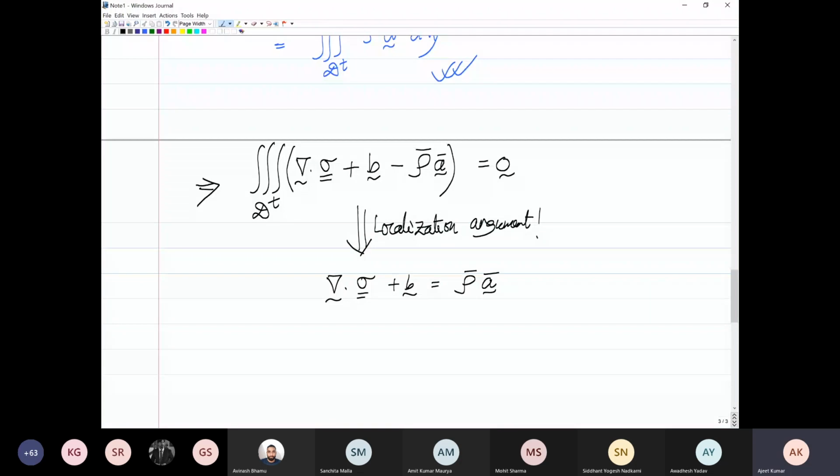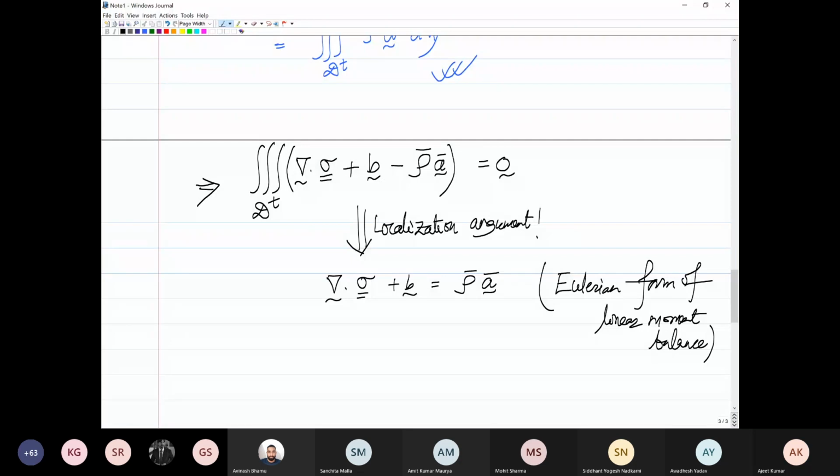And this is what is called the Eulerian form of linear momentum balance. Okay, and it's a tensor form.